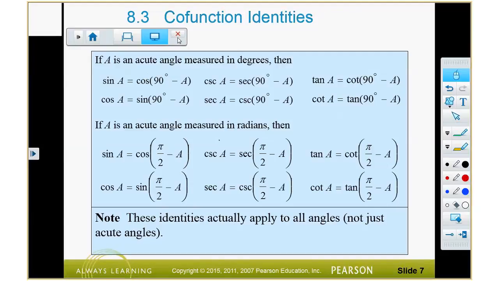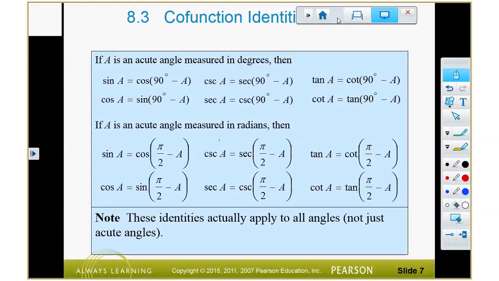All right, here's your cofunction identities. Now again, you can write them down now, or you can just print out that green sheet or one of those sheets on Google, however you want to do it. But we're going to be going over these today.